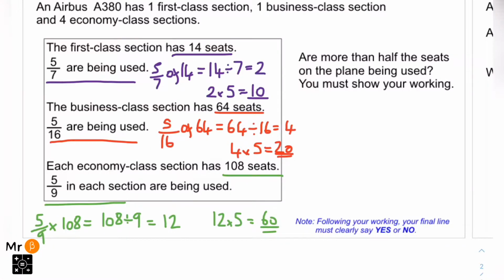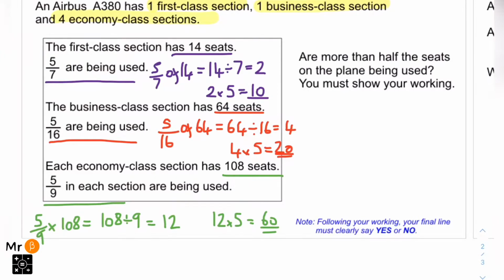Right, so now we can work out how many seats have been used. We've got to be really careful here, as in the top question it tells you there is one first class section, one business class section, and 4 economy class sections. So, we know that in first class we had 10 seats used, in business we had 20 seats used, and then in economy we had 60.